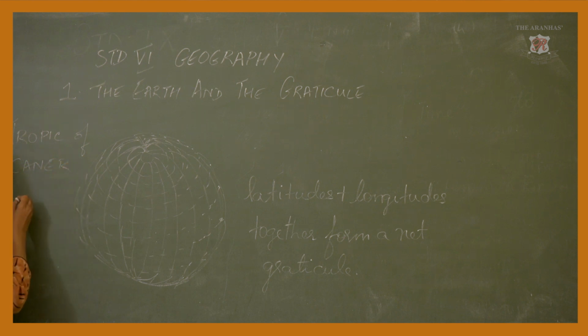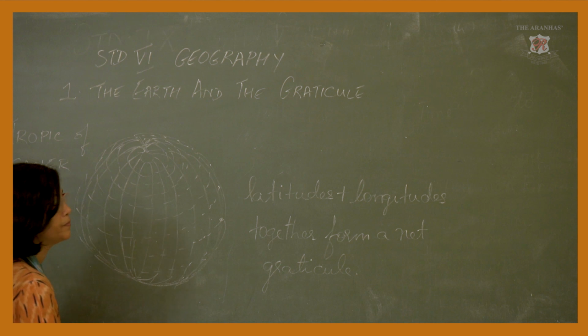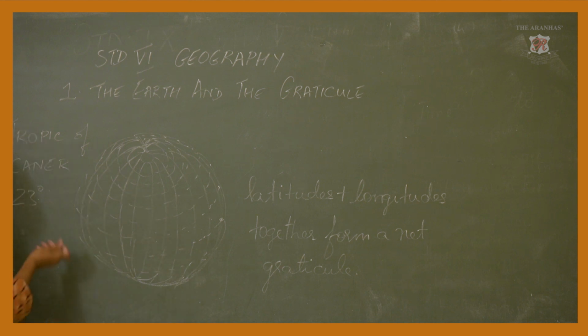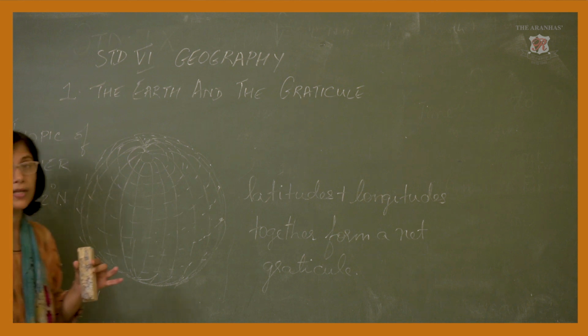The Tropic of Cancer parallel latitude is 23 degrees north, is 23.5 degree north. It is actually a few minutes, so let me just make it 23.5. And the Tropic of Capricorn is 23.5 degree south. Again, these are the parallels of latitudes.